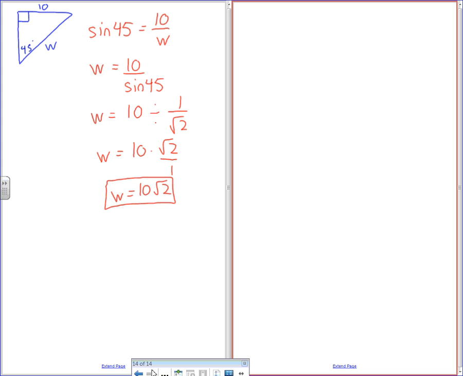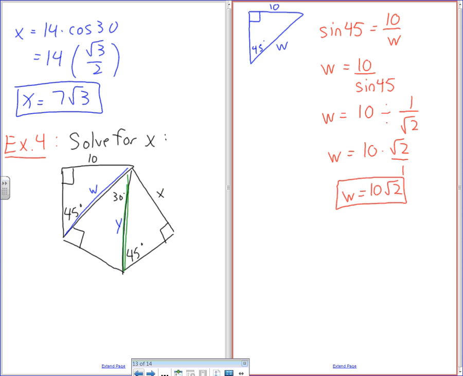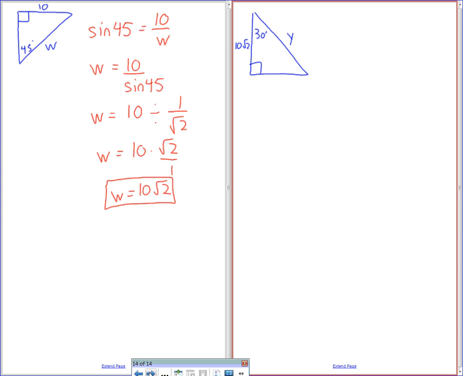Okay, so I'm going to draw another 30-degree angle like this. I'm going to rotate my triangle like this. There's 30 degrees, there is Y, and there's 10 root 2. What I just did there was take this triangle right here, this is 10 root 2, and rotate it so it looks like that.